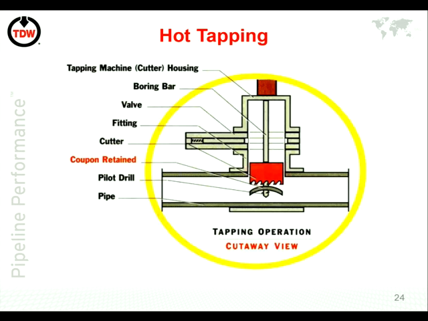So when it pushes the coupon down, it doesn't affect the other sides of the pipe, the wall and maybe the shape or something? No, it's quite a clean cut. And the big question that you have is that you have to make sure that once you start cutting here, that cutter does not come through the bottom. So there's a lot of calculations go on before you start cutting into the pipe.